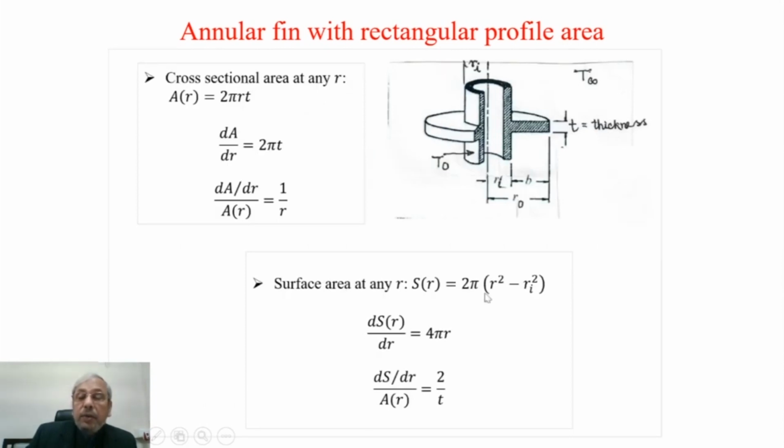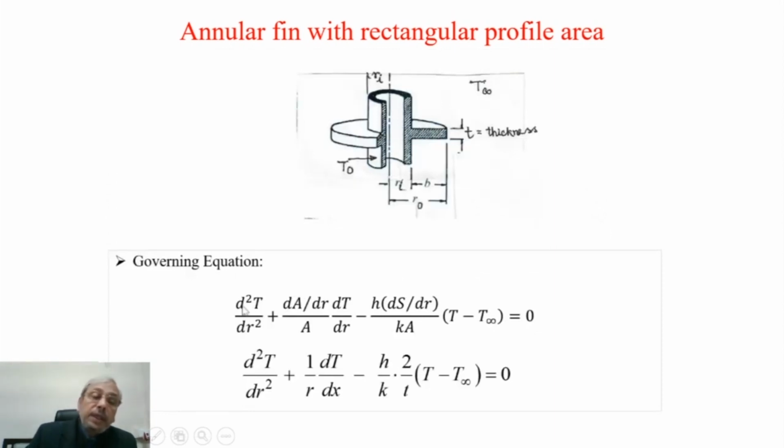That's what 2 pi (r squared minus ri squared) on the top, and on the bottom we get the total surface, and that is how we calculate dS/dr divided by A, which is the cross-sectional area.